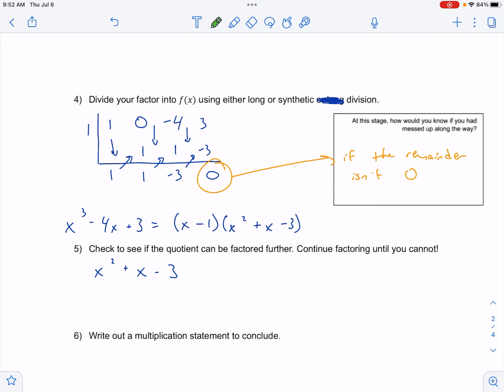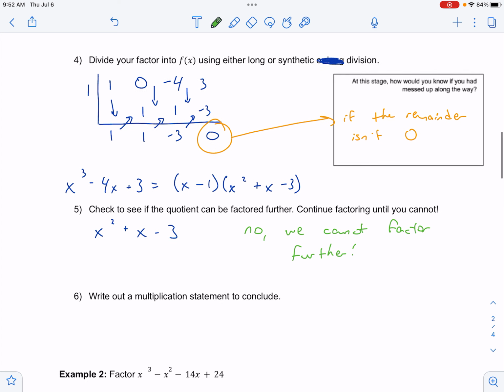Can we factor it further? Are there two numbers that add to 1 and multiply to -3? The answer is no. No, we cannot factor further. So we're done. Okay.